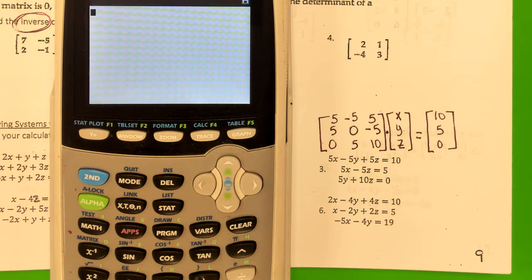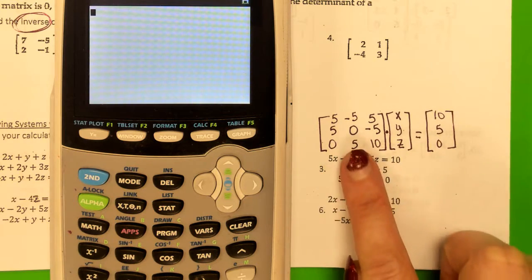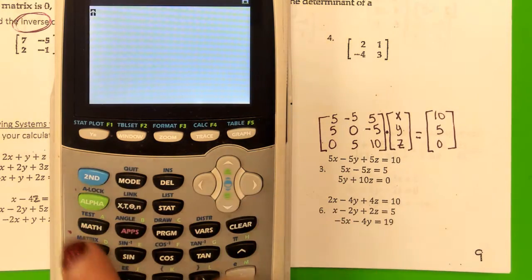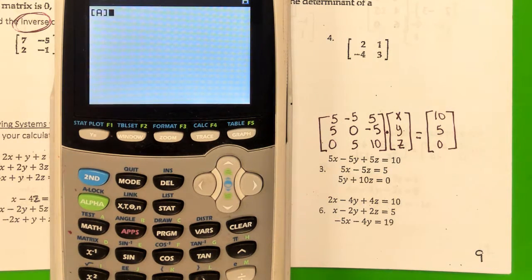And then hit second quit to get back to your main screen once you get those typed in. All right, and which one are we going to find the inverse of? The first one, right? The 3 by 3. So you go to your matrix, and we did the 3 by 3 in A, so you hit enter. You tell it to find the inverse, and hit enter.